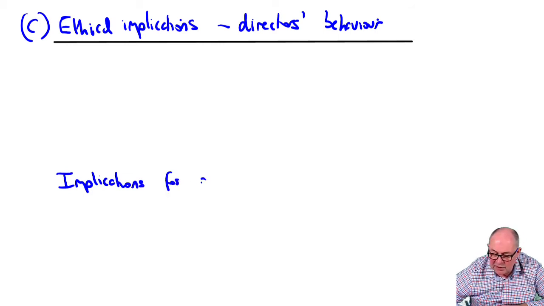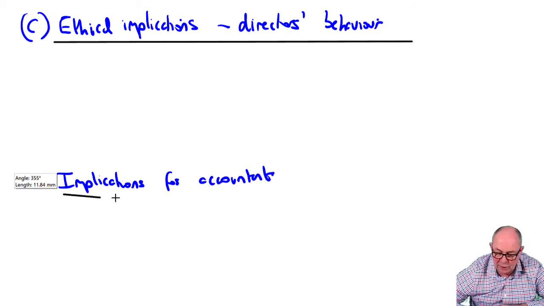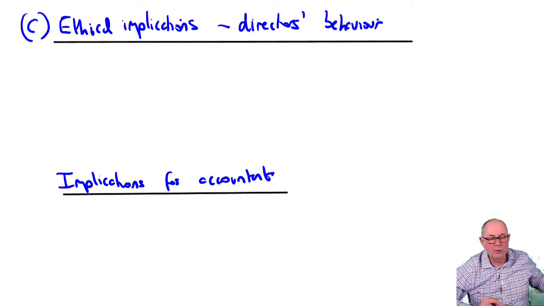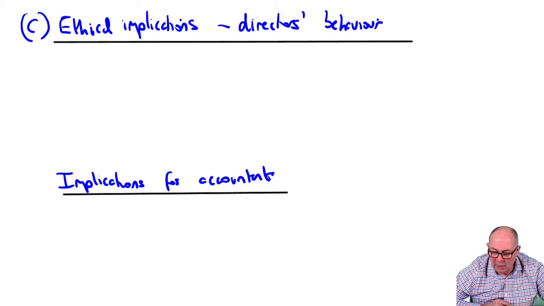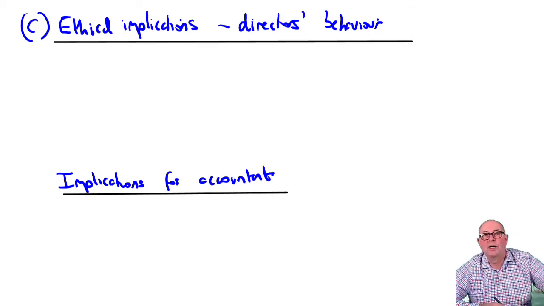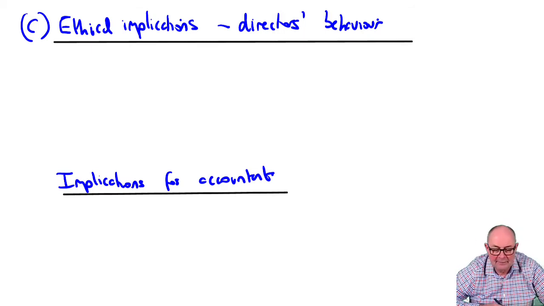The accountant is referred to partway through the scenario where they've been told, again, that's you, really, that they had better do what the directors say, otherwise they're going to be replaced. That's at the end of the paragraph, just before the word tax losses. 7 marks, including 2 of the higher skill marks here. So if you discuss the scenario properly, hopefully you can pick those up, or at least one of them.